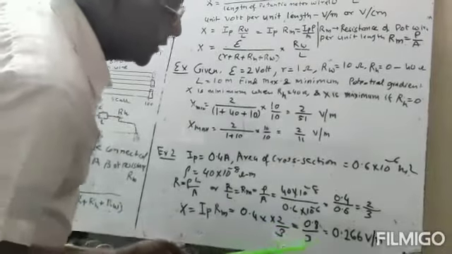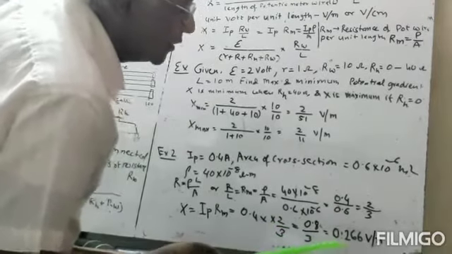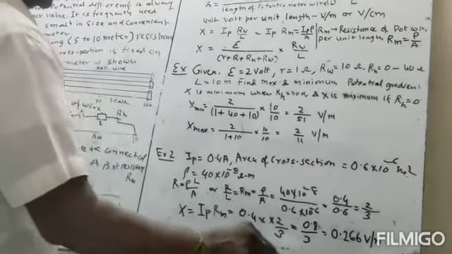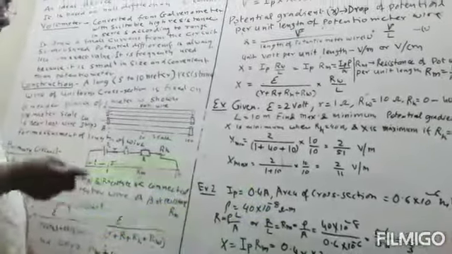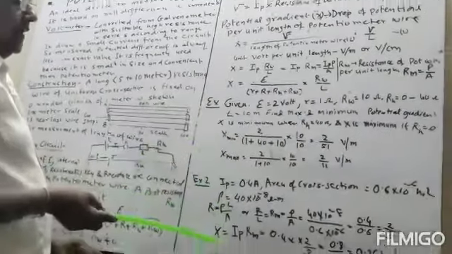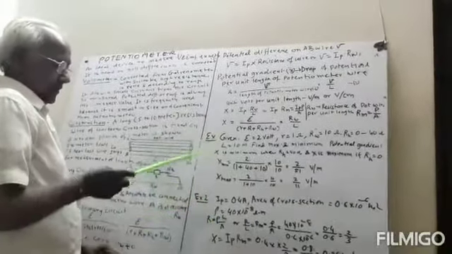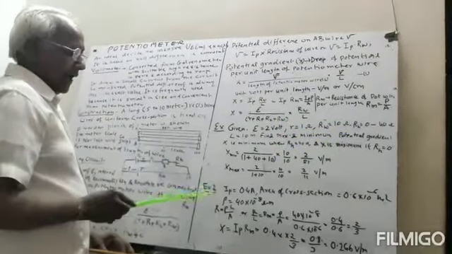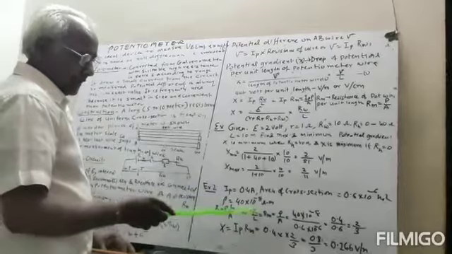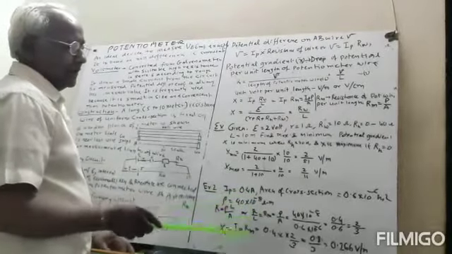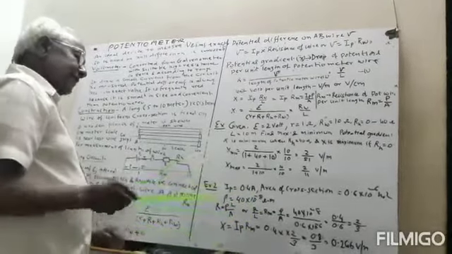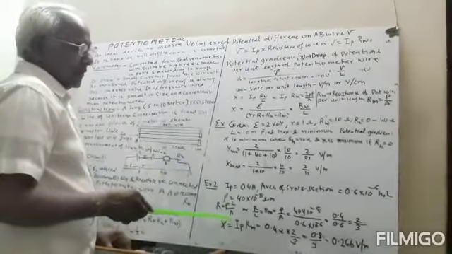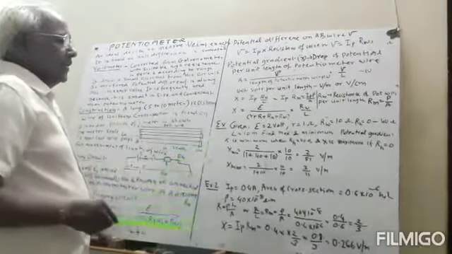So the result will be equal to 0.266 volt per meter. So we can find the potential gradient if resistivity and area of cross section are given and the current in the primary circuit is given. So in this way we can find the value.